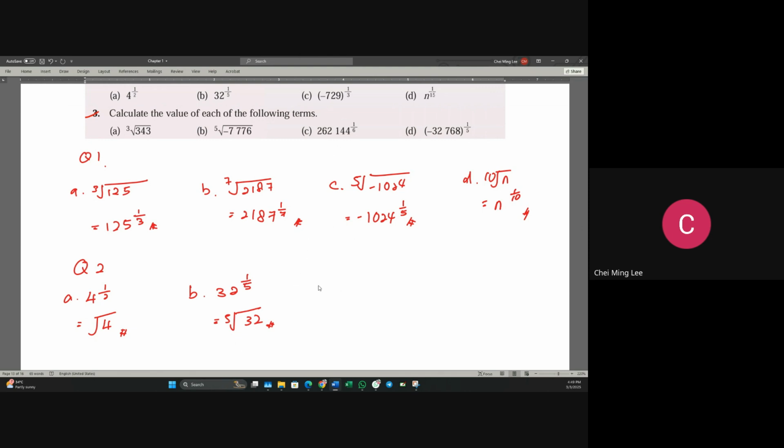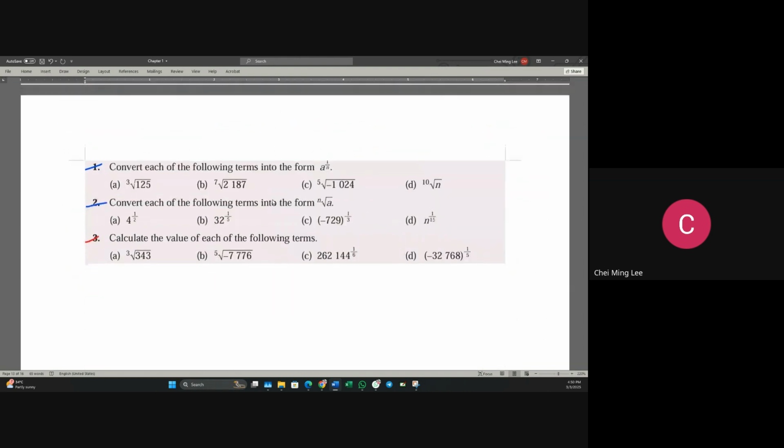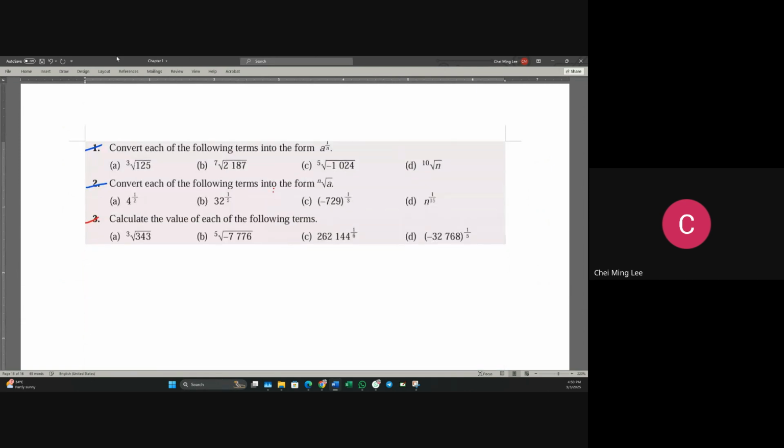Then C, negative 729 to the power of 1 over 3 will become the cube root of negative 729. While D, this one is 1 over 15, so this one should be the 15th root of n. Correct. So now let's continue with question 3.